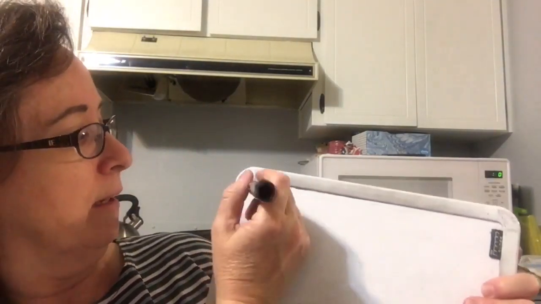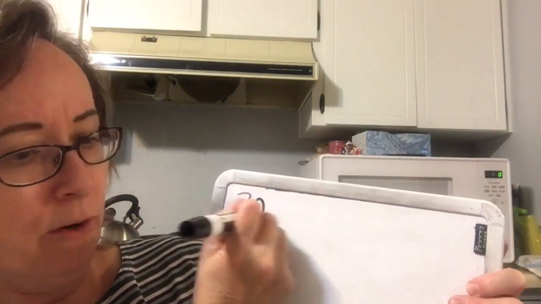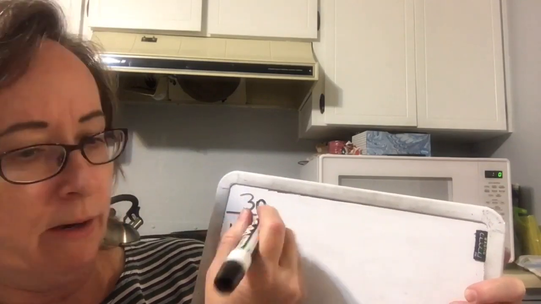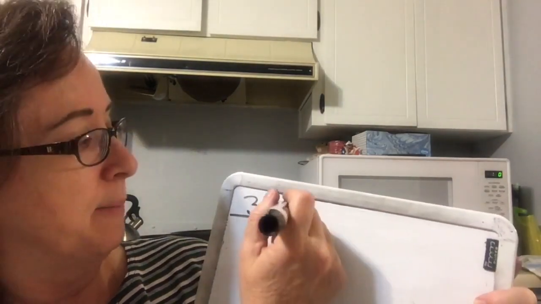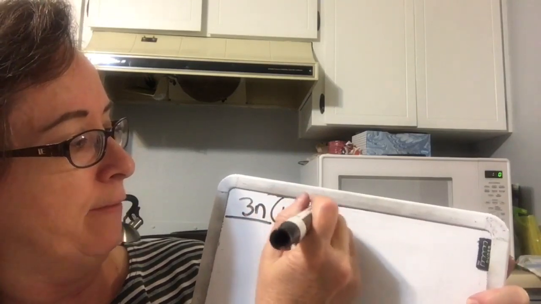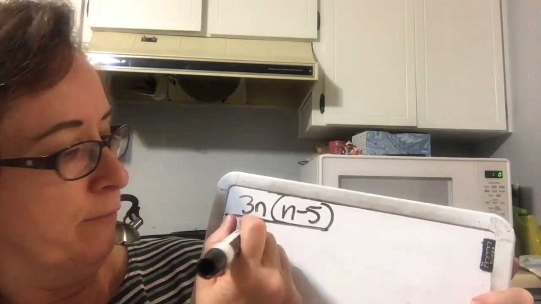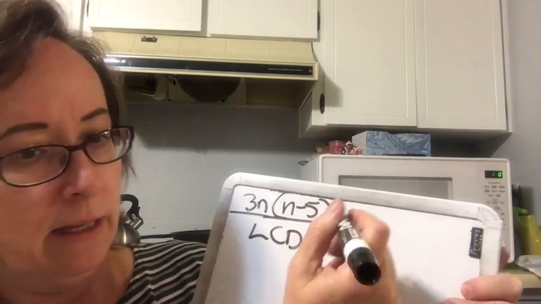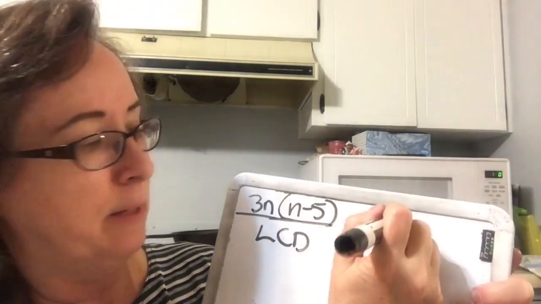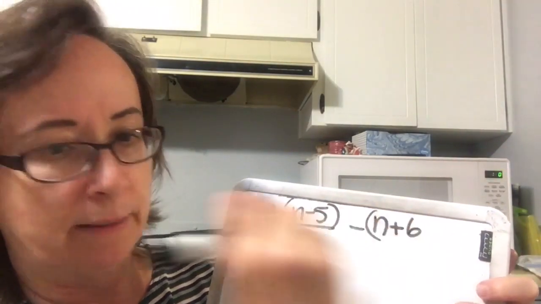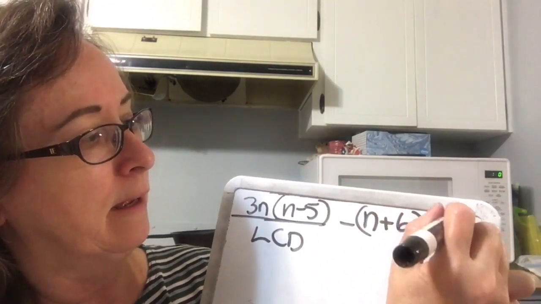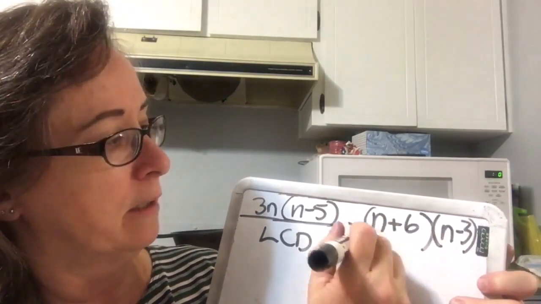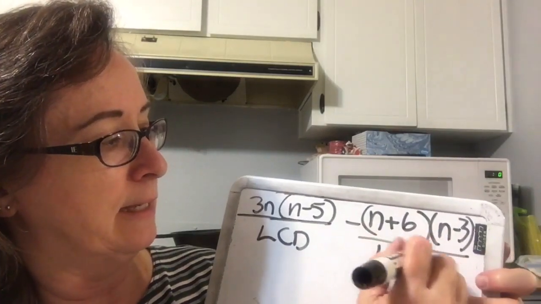Okay, so now I've got 3n over n squared, times n minus 5 over the LCD, minus n plus 6, times n minus 3 over the LCD.